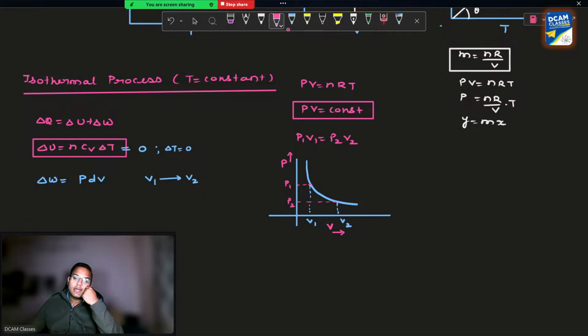Through this, I have shown you the PV graph. It's a rectangular hyperbola, you know? You know xy is equal to c square. xy is equal to constant is a rectangular hyperbola. That's why I have drawn PV is equal to constant, a rectangular hyperbola.